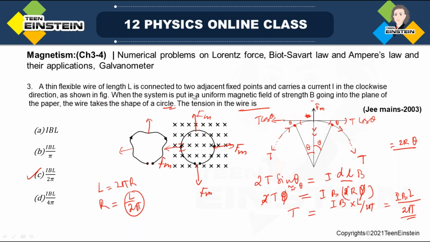That magnetic force will actually try to expand it and make it a circle, but at the same time there will be tension in the wire, otherwise it would have been deformed again.